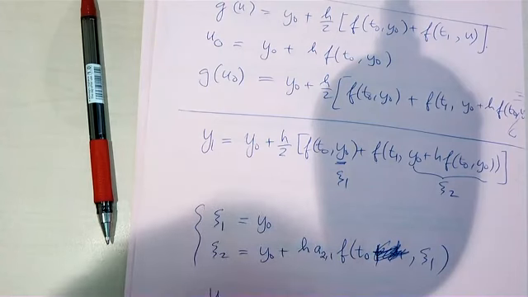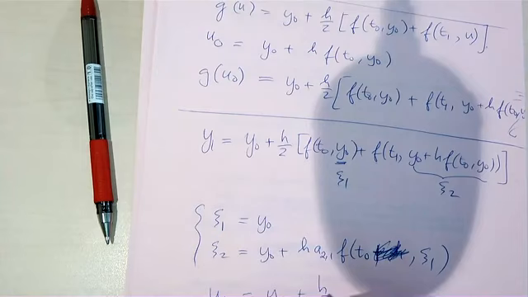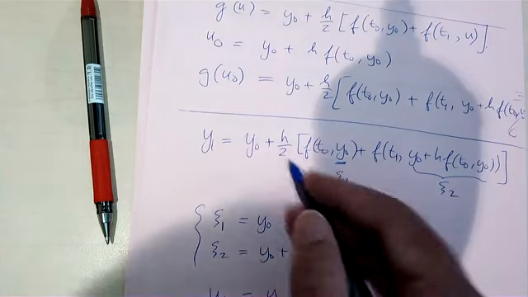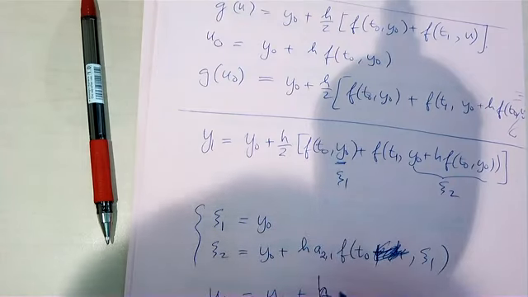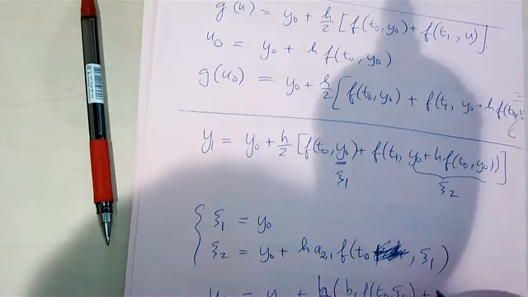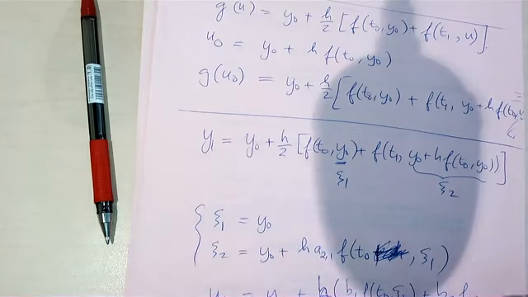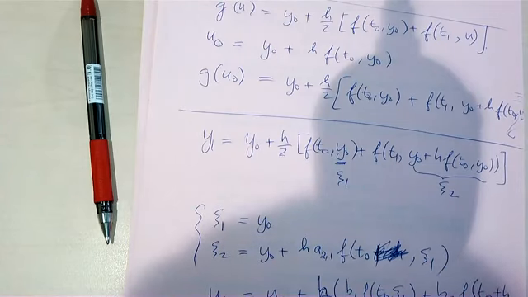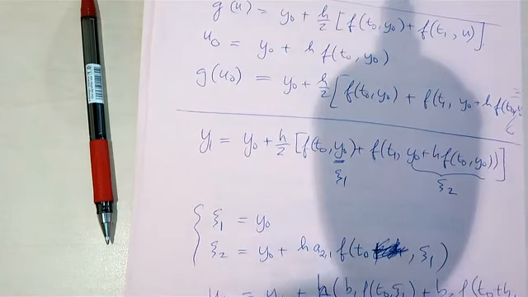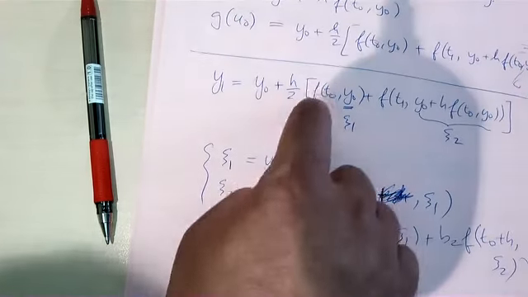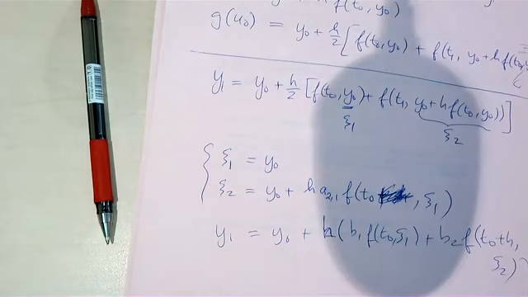Then y1 will be y0 plus h over 2, but h over 2 could be any number. So b1 f(t0, Xi1) plus b2 f(t0 plus h, Xi2). So you see, you can rewrite this formula in this form.